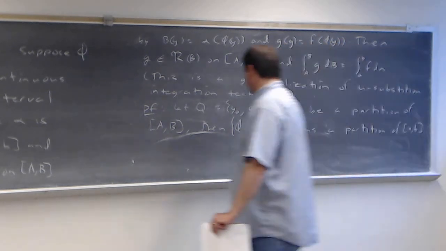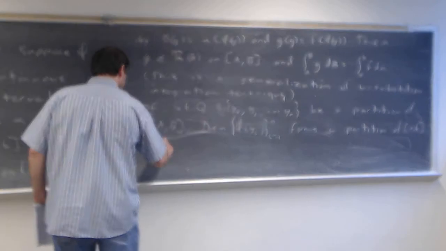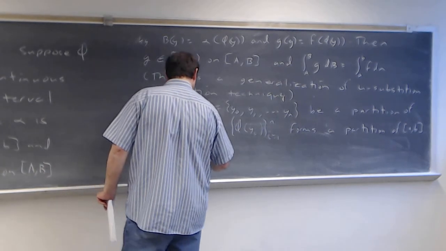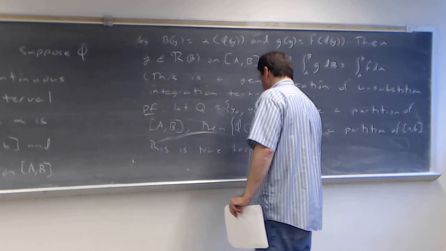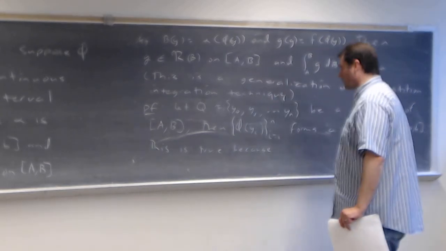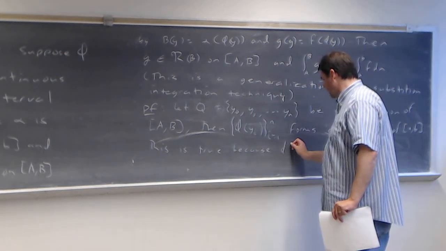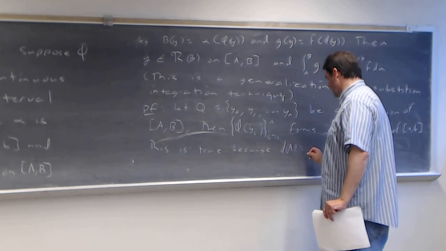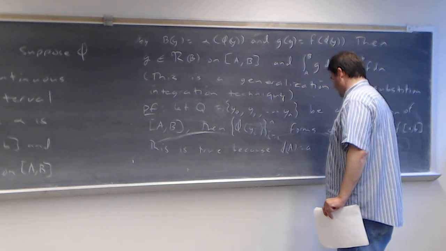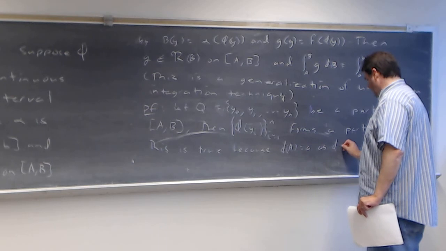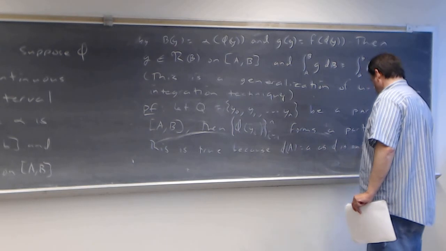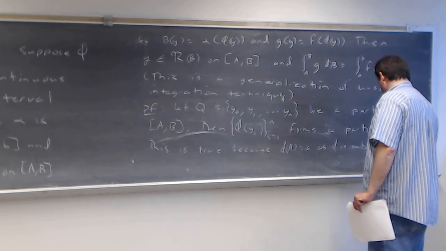And I'd like to explain this just a little bit. This is true because, first of all, phi of big A has to be equal to little a, as phi is onto a to b.